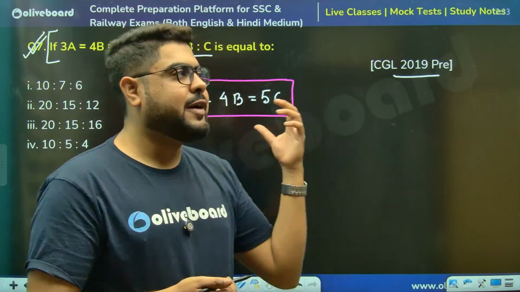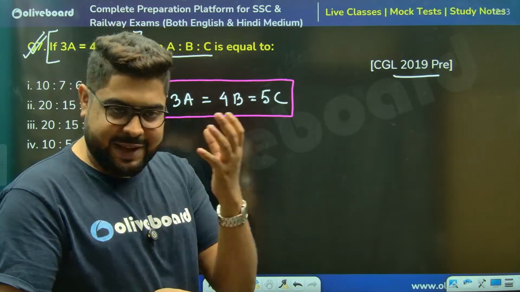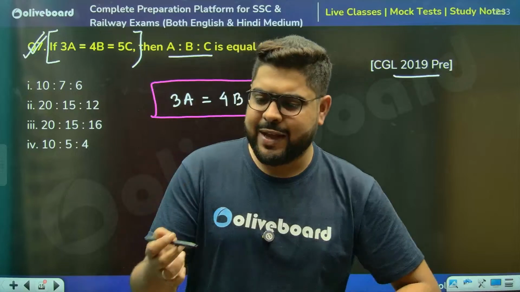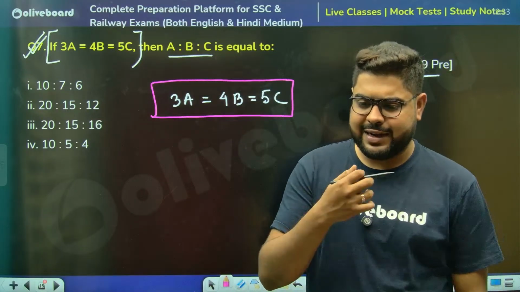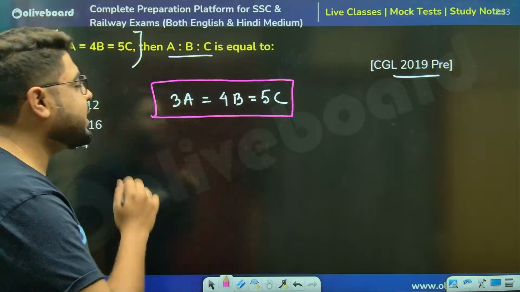Find the difference between the shares of A and C. It's a PYQ. The values will differ definitely, I've just given you these randomly, but this is how they give.